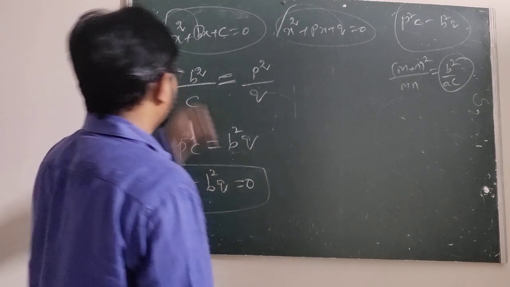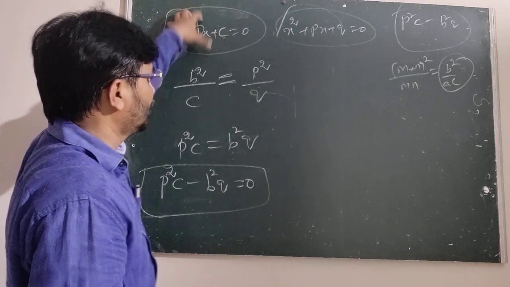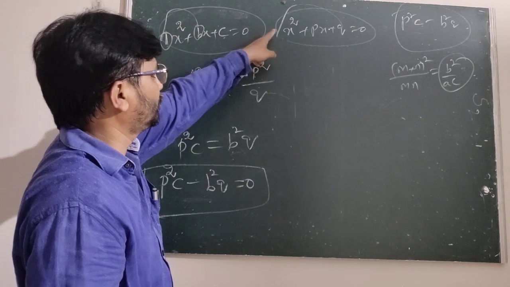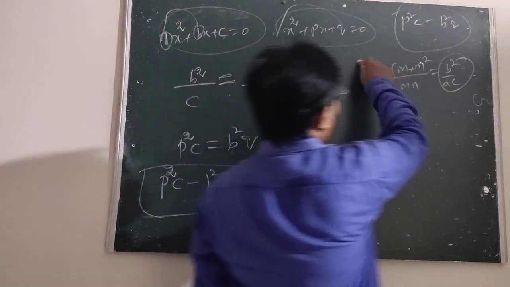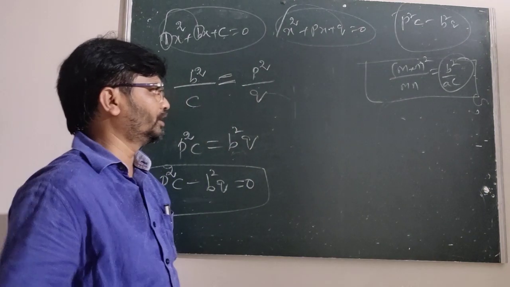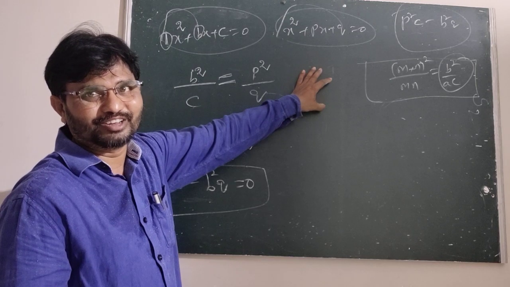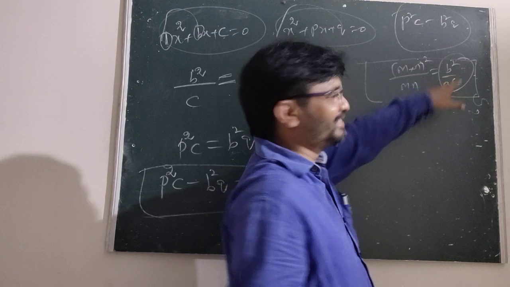That is why, if the roots are in the ratio alpha is to beta, the condition for the roots of the quadratic equation ax square plus bx plus c equal to 0 is (m plus n) whole square by mn equal to b square by ac.